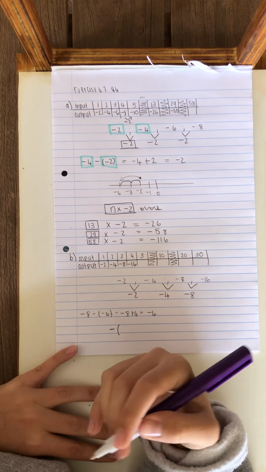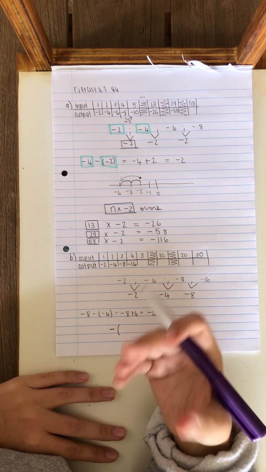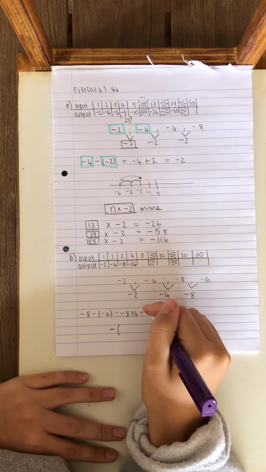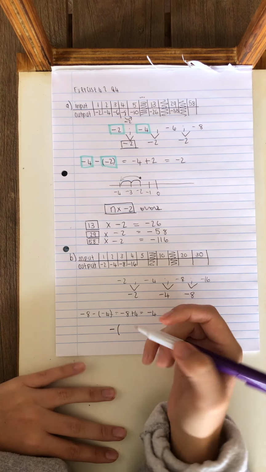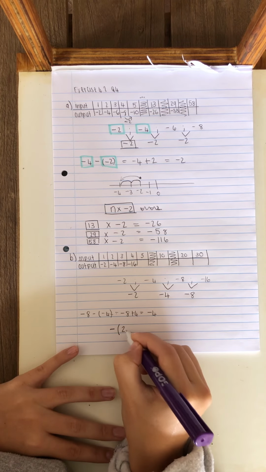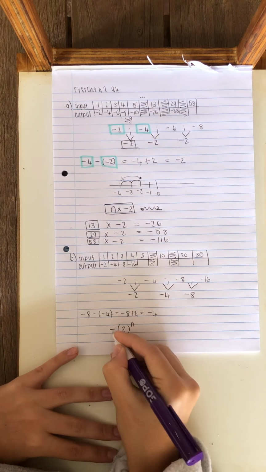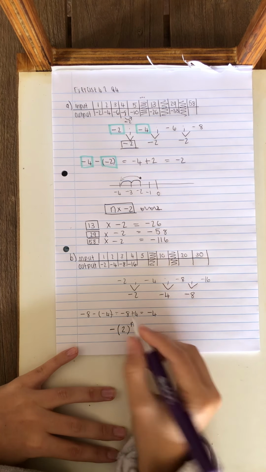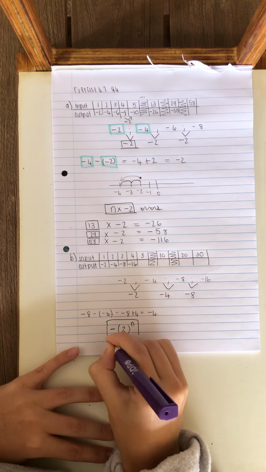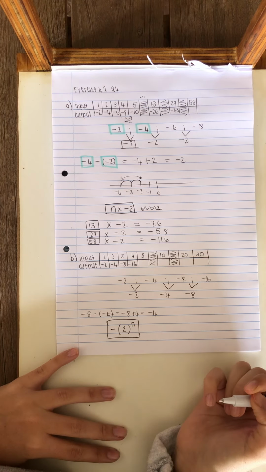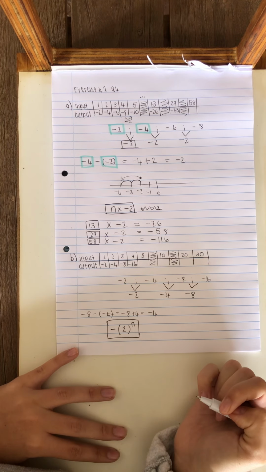And that's why I'm saying if you realize it, then you'll be able to see it. So after doing this question, you'll be able to do it again. So this will be 2 to the power of whatever my input was. And my answer was negative. Just by looking at it, you can play around and see which formula will work. This is a different formula to what you're used to.